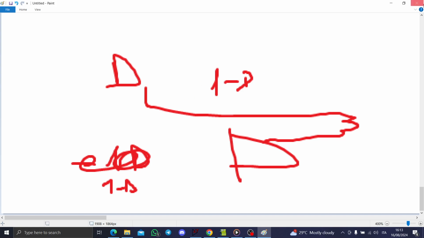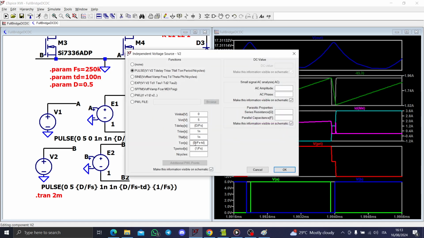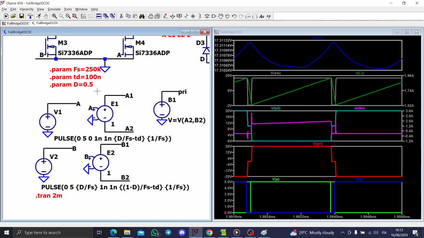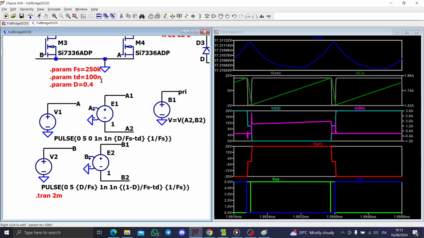What happens if you do this? So let's put again the same here, and let's put 1 minus D on the other switching waveform. And to make it even more obvious, let's put 0.4.